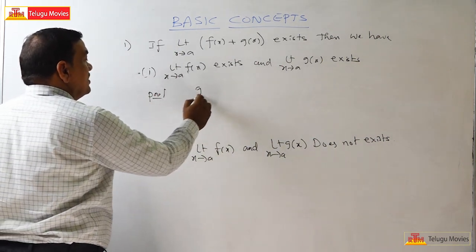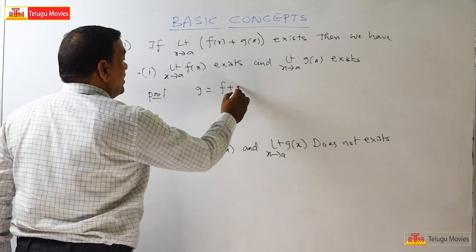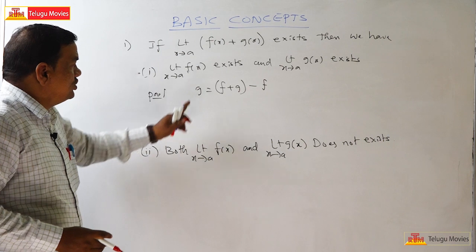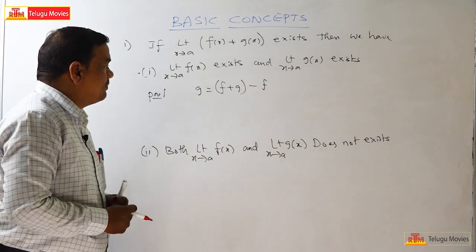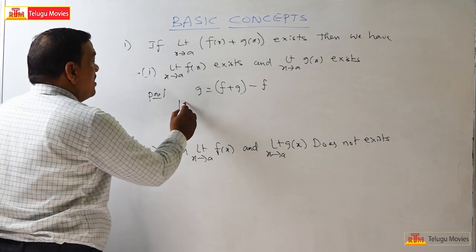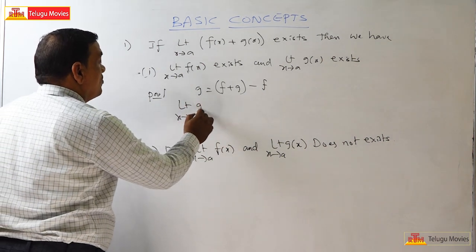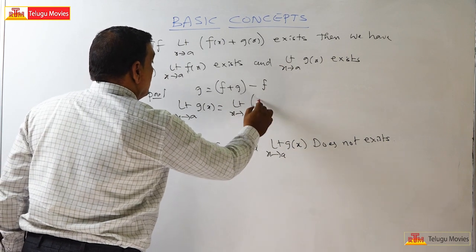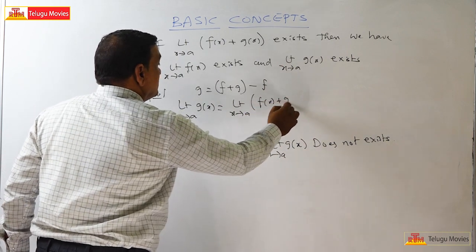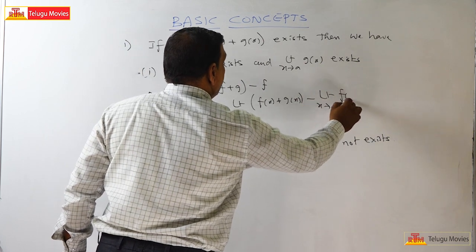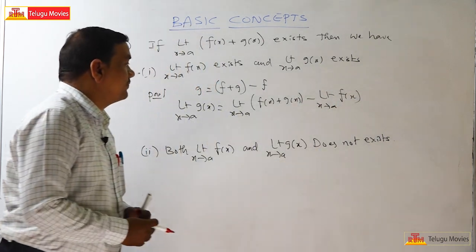Let the function g be equal to f plus g minus f. Can we write it as a function? g(x) is equal to f(x) plus g(x) minus f(x). Now you apply the limit x tends to a on both sides. Limit of g(x) is equal to limit x tends to a of f(x) plus g(x) minus limit x tends to a of f(x). Understand this?